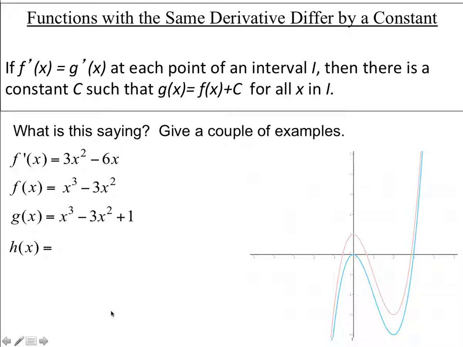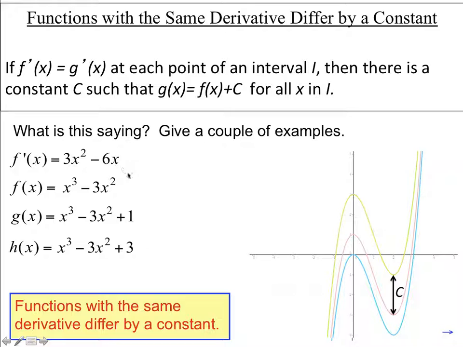So we could also say it's this graph. Now we could shift it up 3 to be that yellow graph. So this constant off the end here is something that's going to offset the graph, but it's not going to factor into the derivative. What we say is that functions with the same derivative differ by a constant.